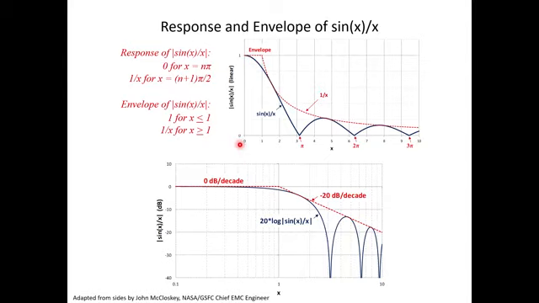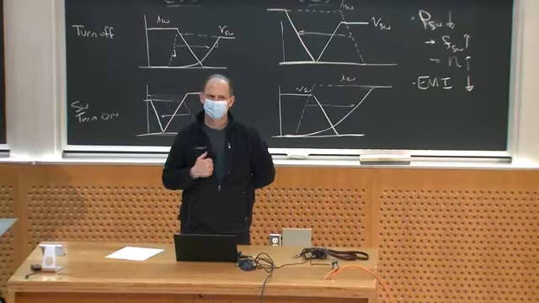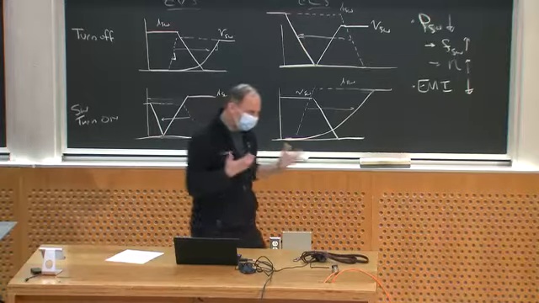This is on a linear scale, right? So at low frequencies it's constant, and then it falls off as 1 over x. If I looked at this on a log-log plot, what I get is constant up to x equals 1, and then it falls off as 1 over x, which is minus 20 dB per decade. Okay? So why am I bringing this up?